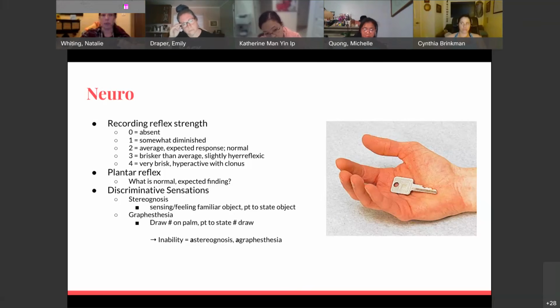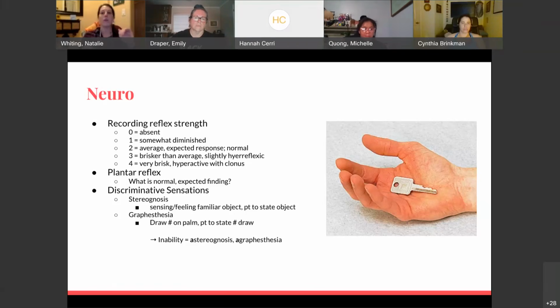So the plantar reflex, do you guys know what that reflex is? Yeah, so that's going to be on the bottom of the foot. Do you guys know what would be a normal finding and what would be an abnormal finding? Is curling of toes a normal finding? Yeah, so a curling toes response would be a normal finding.